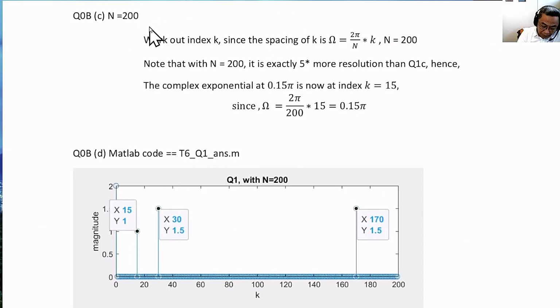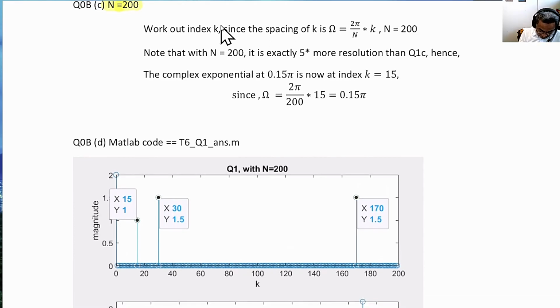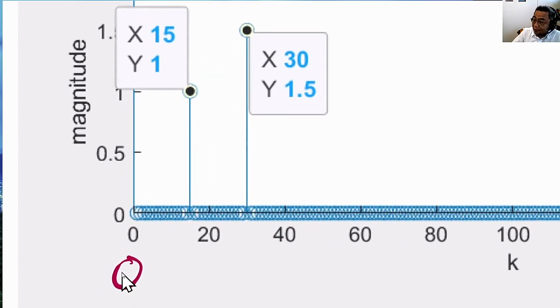So now we come back to answer the question where n is equal to 200. What will happen? Basically, we're dividing 0 to 2 pi into 200 different small lines, so you will see that we have many of these bins here.